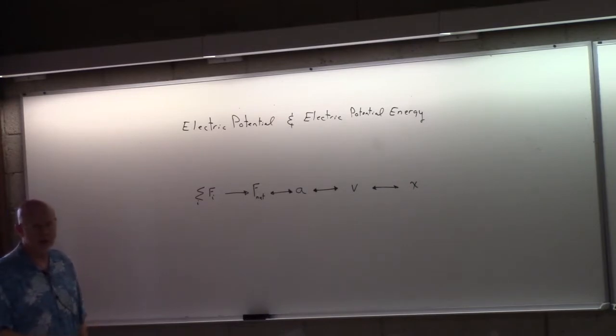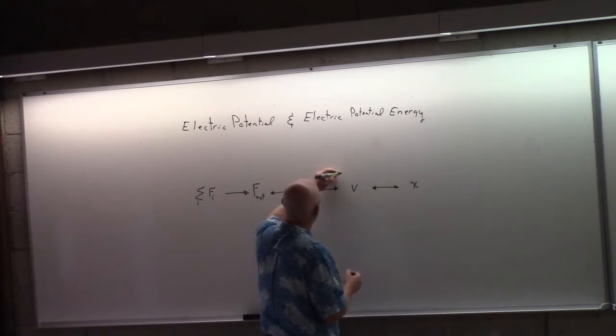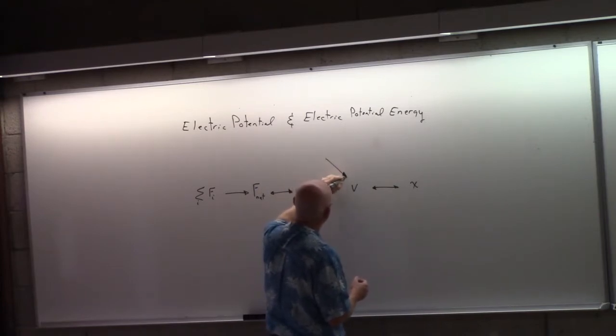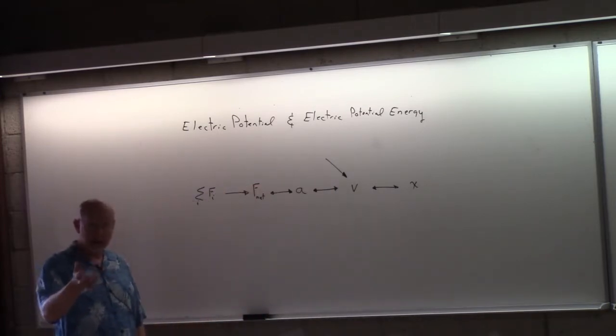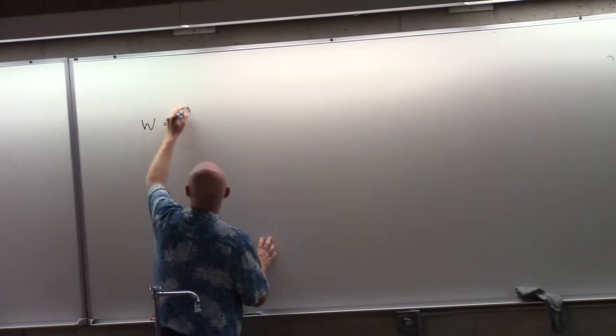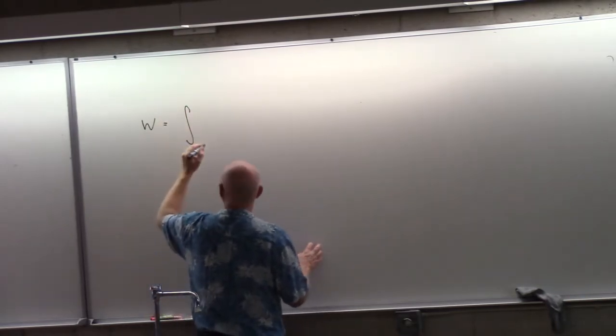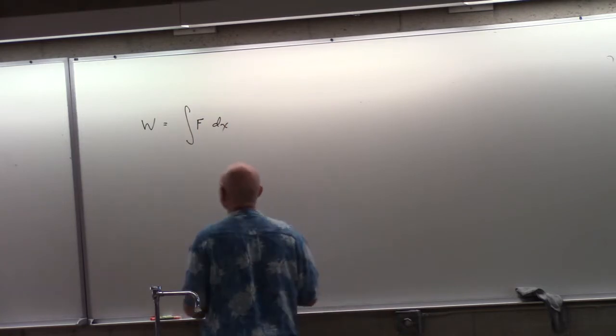Then if you remember, when we got into chapters 7, and mostly 7, but somewhat 8, when we got into momentum, we said that there was an alternative approach to get to velocity. We learned about kinetic energy. We said the work is equal to the integral of force over some distance.